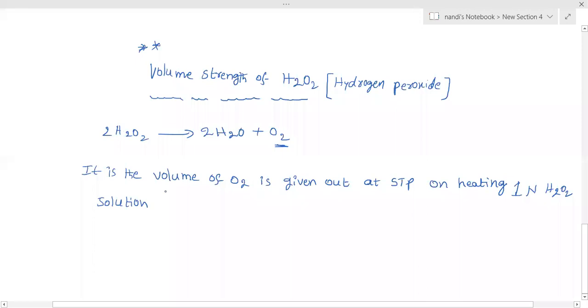N means normality, keep in mind. It is also called the strength of H2O2.